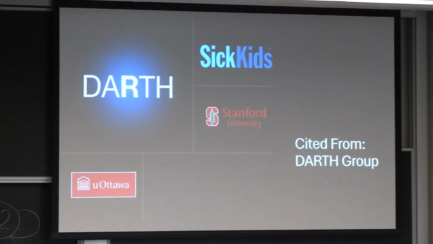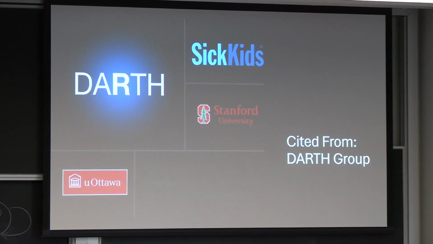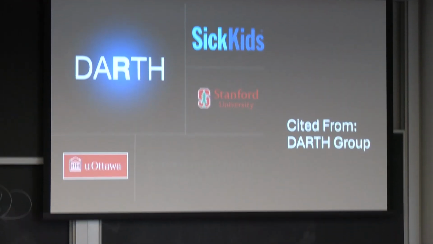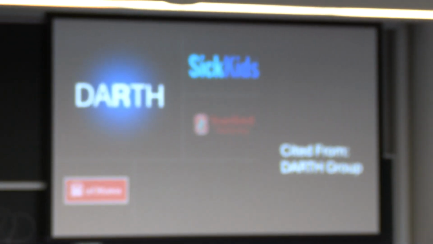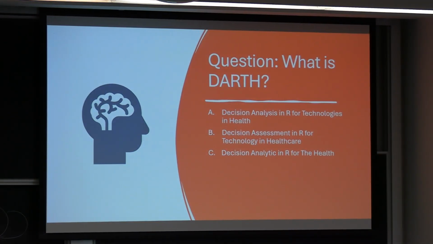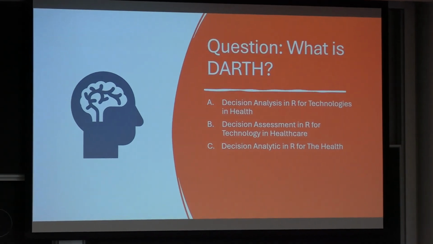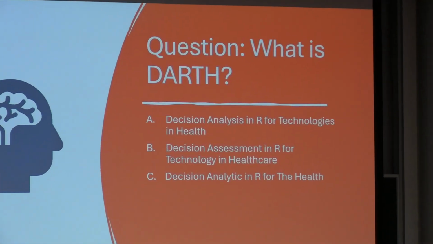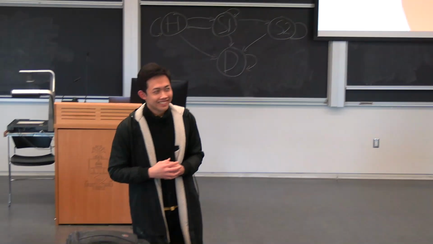Now we can talk about the Dart group. The Dart group is actually a combination of scientists from around the world. There are people from the Sick Kids Hospital, from Stanford University, from the University of Ottawa, and from the Netherlands as well, from the Erasmus Medical Center. A good trivia to begin with: what is Dart actually? Anyone want to answer? Yeah, sure, you. Is it option A?